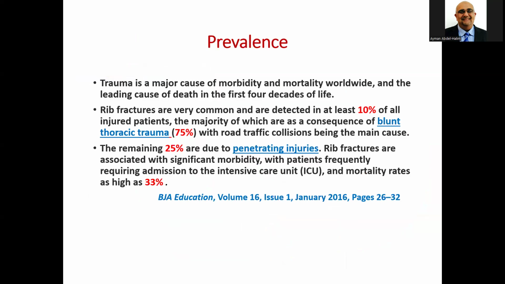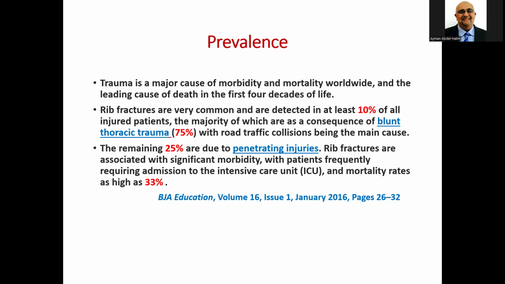Prevalence. So, trauma is the major cause of morbidity and mortality worldwide, and the leading cause of death in the first 4 decades of life. Rib fractures are very common and are detected in at least 10% of all injured patients, the majority of which are as a consequence of a blunt thoracic trauma, 75%, with road traffic collisions being the main cause.